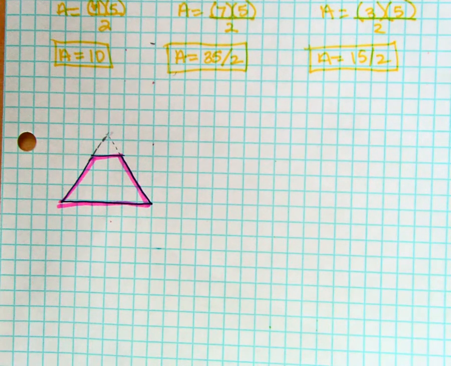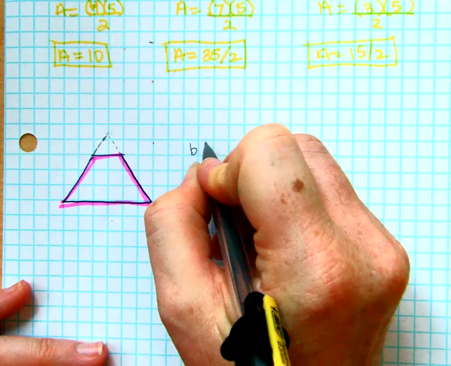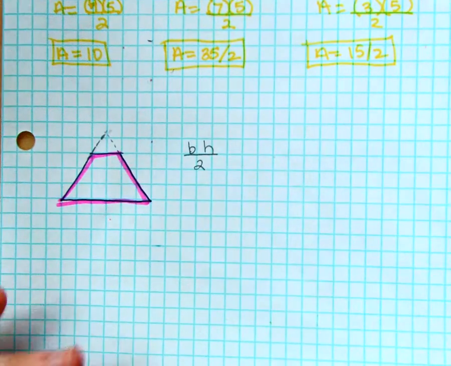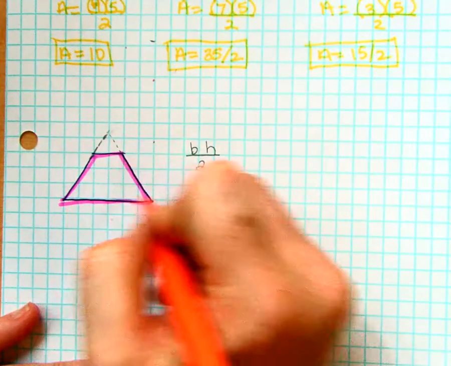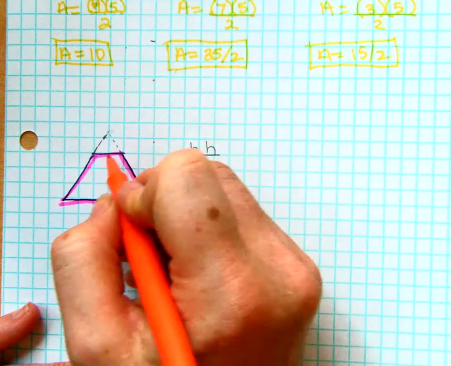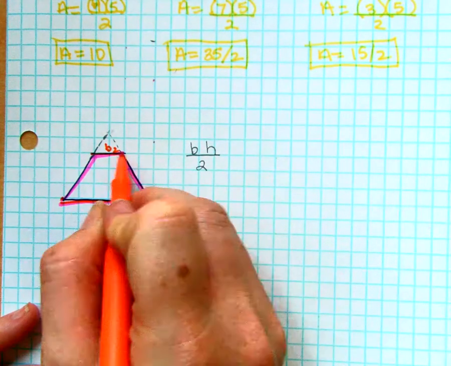So what we're going to do is, what would generally be, and let me write it in pencil here so I can erase, base times height divided by 2 for a triangle, we have altered the picture. And instead of just having one base, we now have a bottom base, which I'll call B1, and a top base, which I'll call B2. So I'm talking about this distance and this distance.